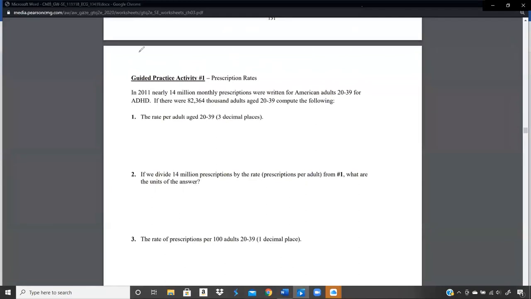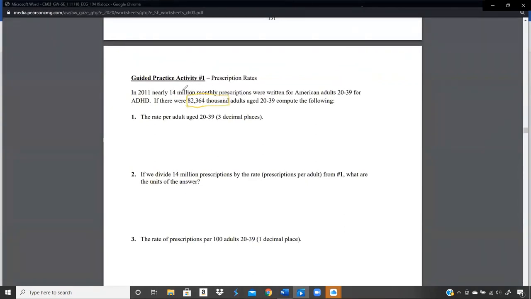Okay. So the rate per adult. So first of all, this number right here is our first instance of a goofy number. Why is it goofy? Well, it's goofy for two reasons. First of all, this number up here talking about people is 14 million, and then this number talking about people is in thousands.